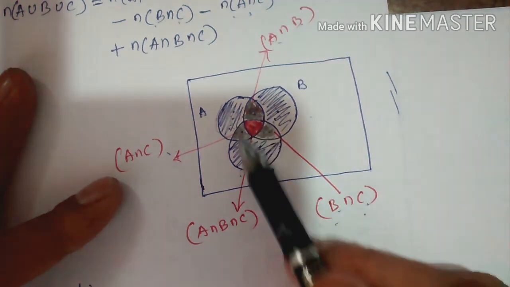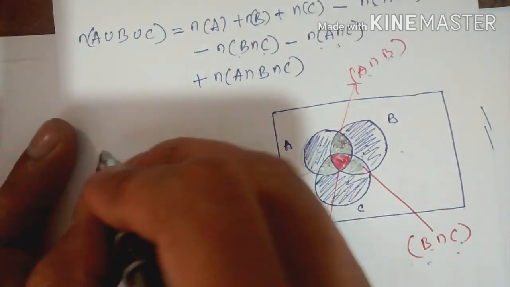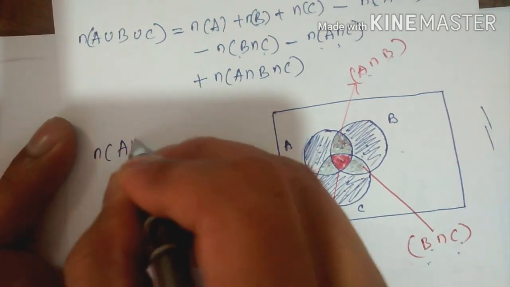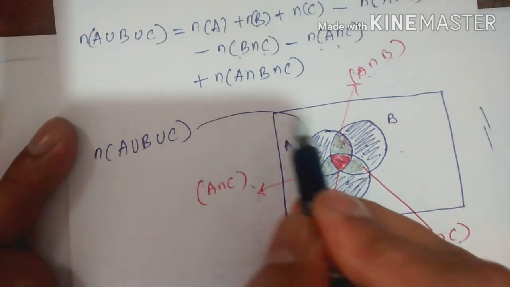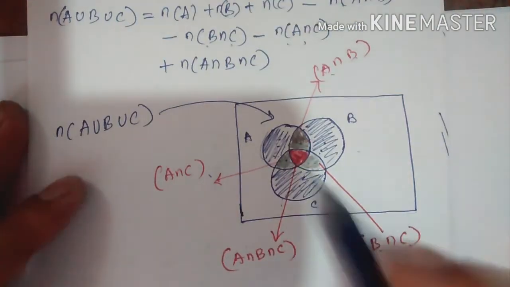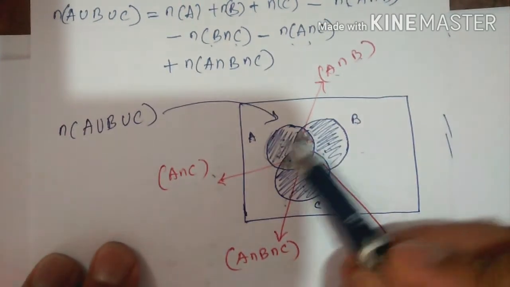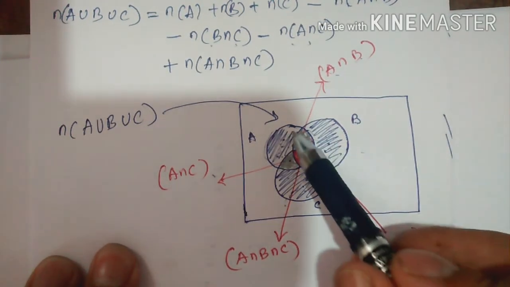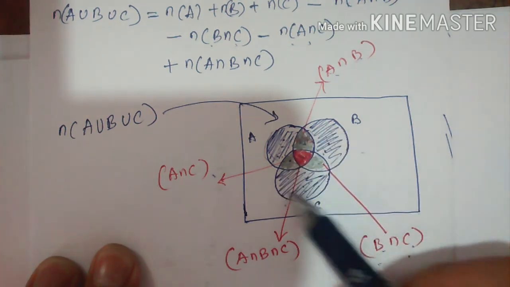When we say number of A union B union C, actually we mean this whole thing. So if you want to find the number of elements in this whole thing, what you have to do is add the number of A, plus the number of B, plus the number of C.